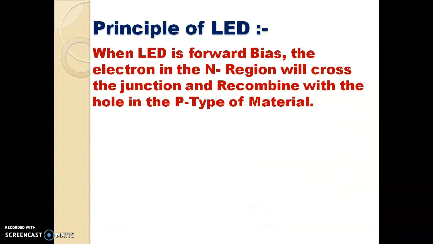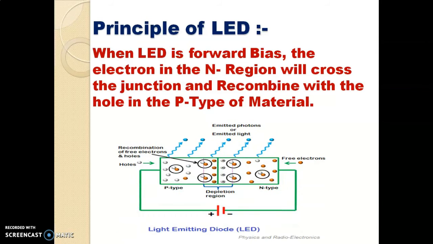The principle of LED. When the LED is forward biased, that means the anode is positive and cathode is negative, the electrons in the N region will cross the junction and recombine with the holes in the P type material. As shown in the figure, two semiconductor materials are joined together. This is the N type semiconductor and this is the P type semiconductor material.